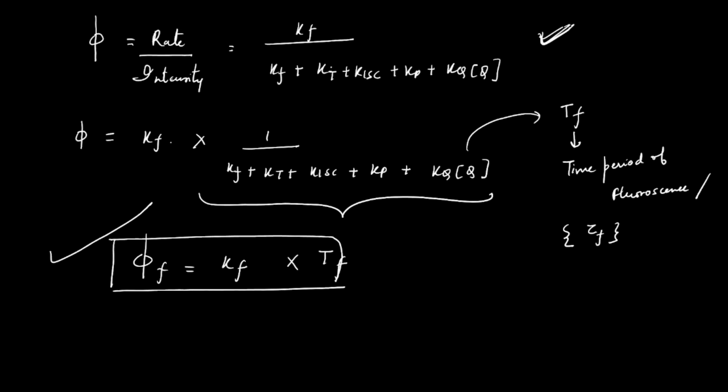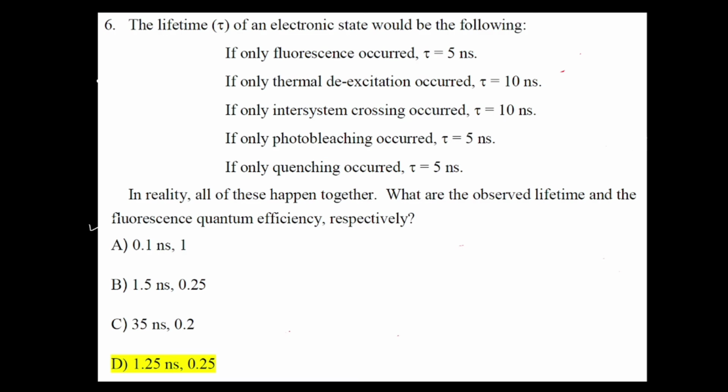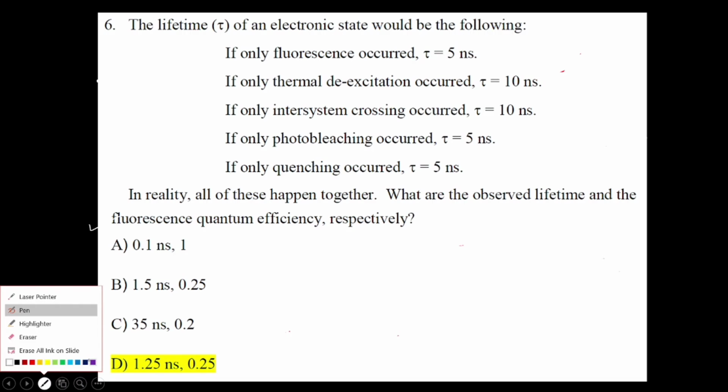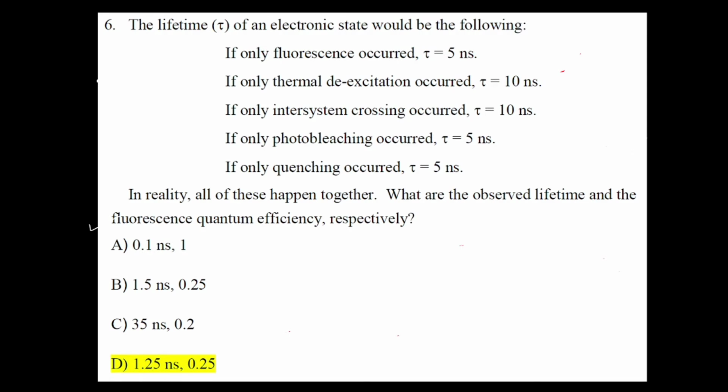We can find it for phosphorescence as well, but over here this is the quantum efficiency of fluorescence, phi f. This is the formula.